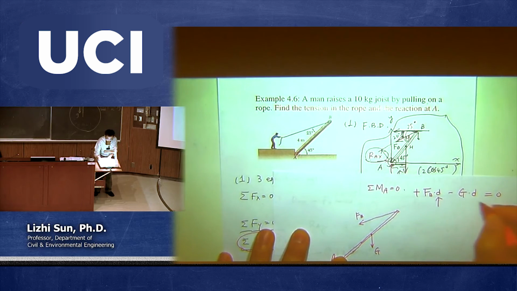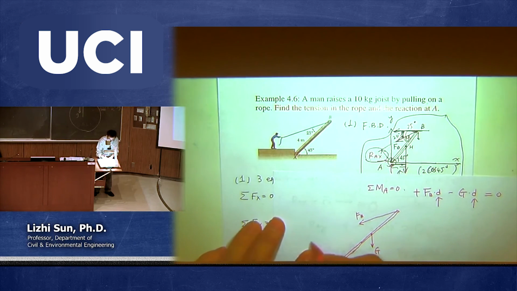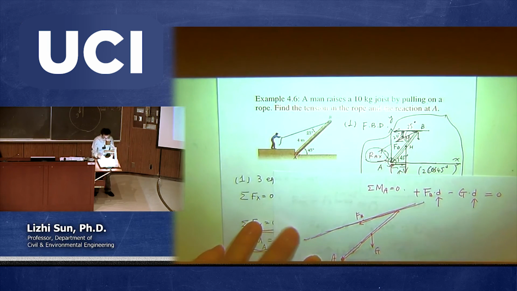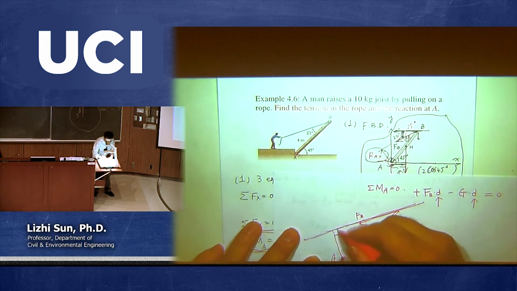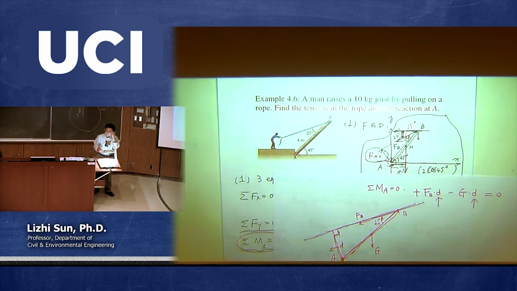So we just need to figure out these two d's, which are called short distances. We do one by one. First of all, what is the short distance from this point to this force line? So this is the short distance. Then this d should come from this triangle. This is a right angle here, and this is 25 degrees. From here to point B is 4 meters.